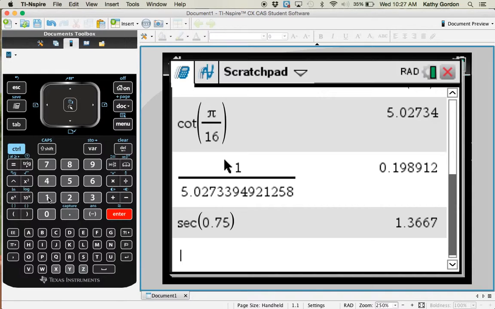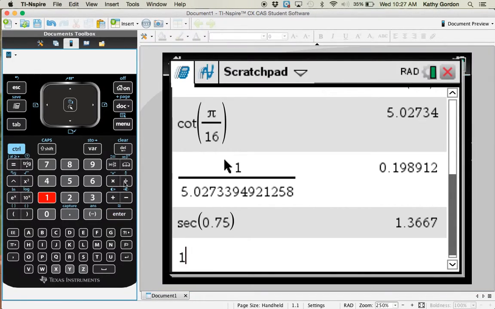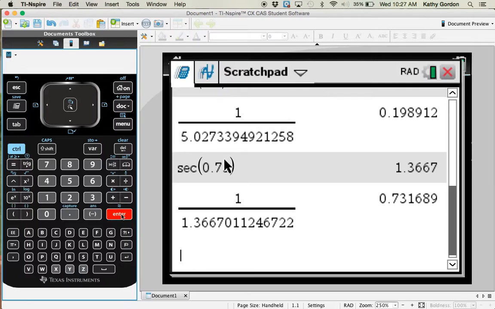Sines and cosecants are reciprocals of each other. Tangents and cotangents are. So I can either go up here and just do the cosine of 0.75, or I can do 1 divided by the answer I got from the secant. And so that one should be a 0.7317 if we round it correctly.